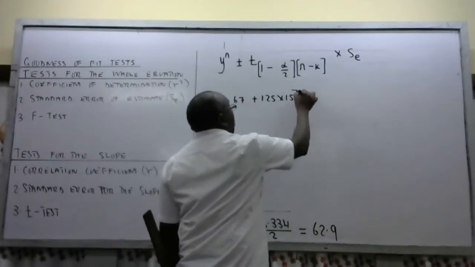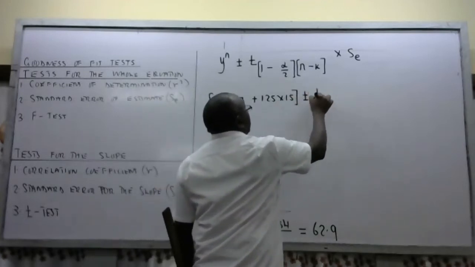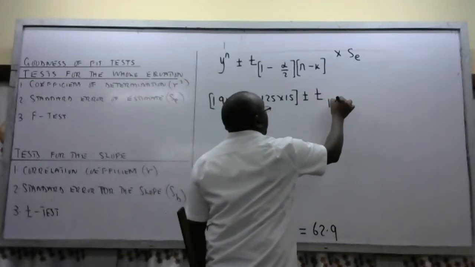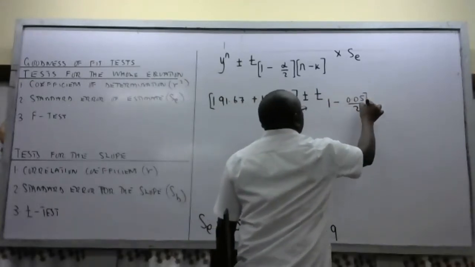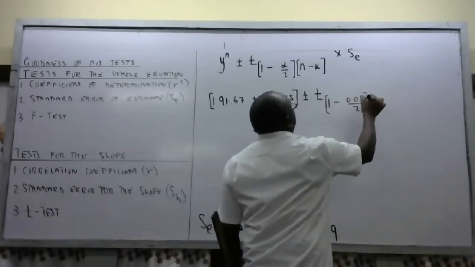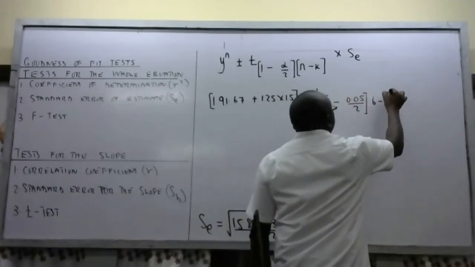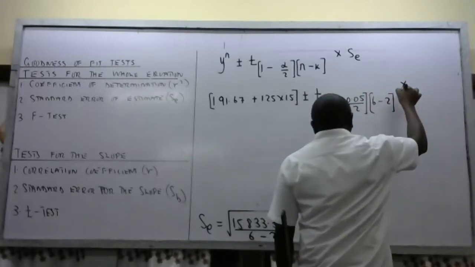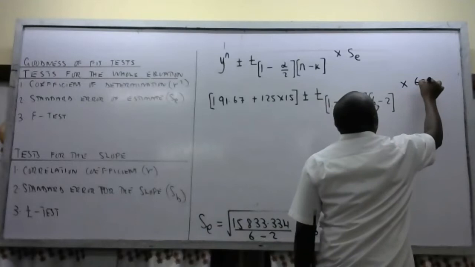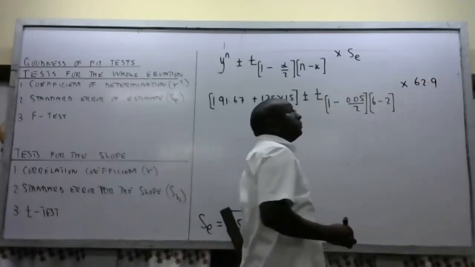Now plus or minus t of 1 minus 0.05 out of 2, 6 minus 2, multiplied by 62.9.